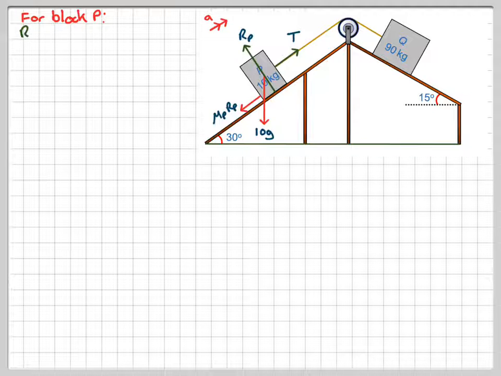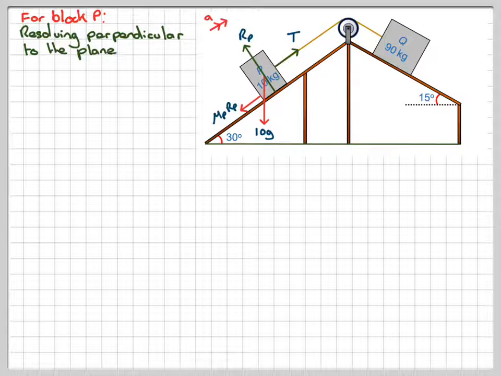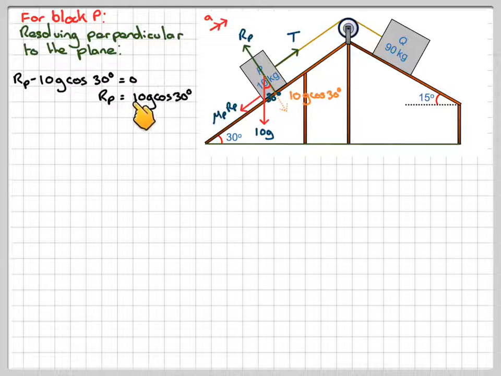So for block P, resolving perpendicular to the plane, we have R_P, and if I draw this line down here, this is 30 degrees, then this force here will be 10g cos 30. So R_P minus 10g cos 30 is equal to 0, because it's not moving that way, which gives that R_P is 10g cos 30.